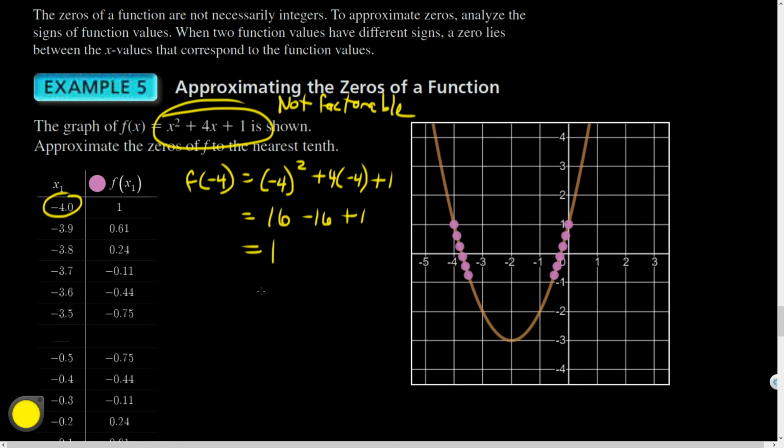Now at this point, I'm not going to have you do a whole bunch of plug and chug in a calculator. This is what I am going to have you do, though. I'm going to have you analyze this. Notice these 3 points are negative, and these happen to be positive. All right, think about it this way. This side of the graph was positive.